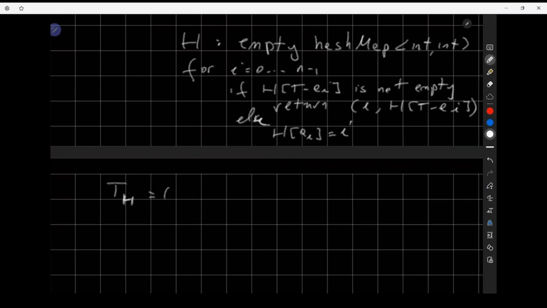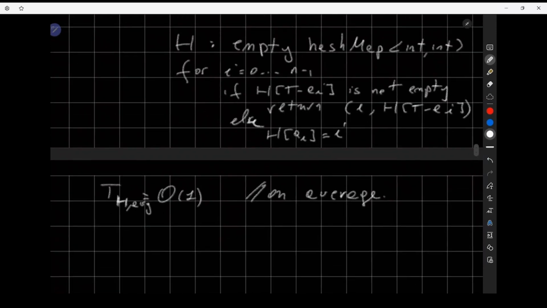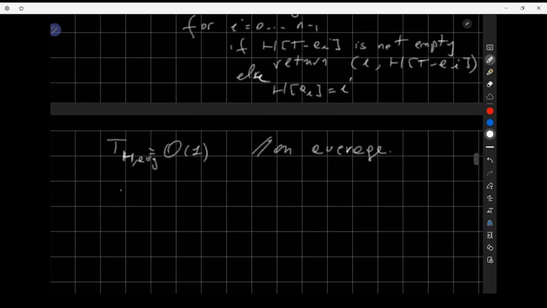This one is going to be on average O(1). T_H average.